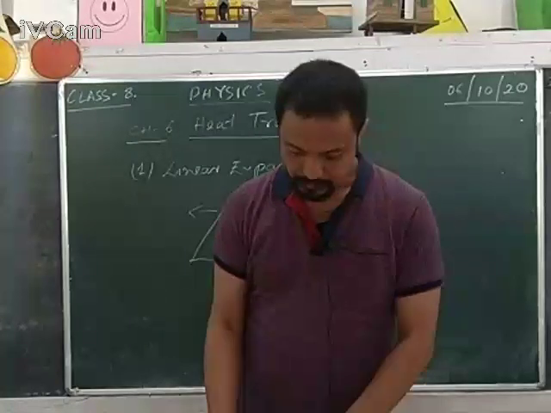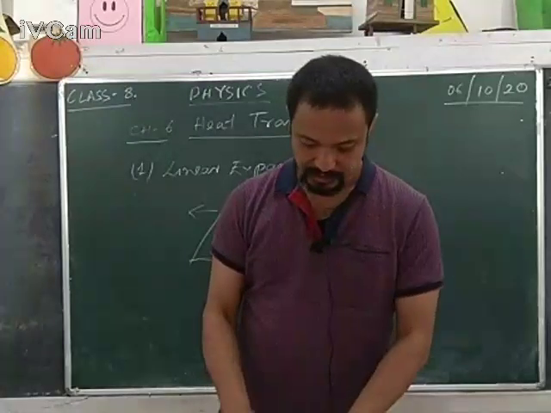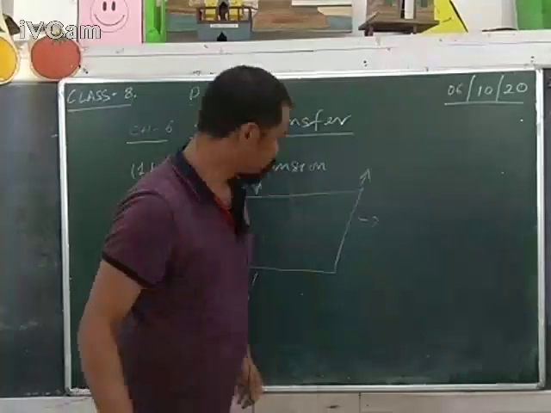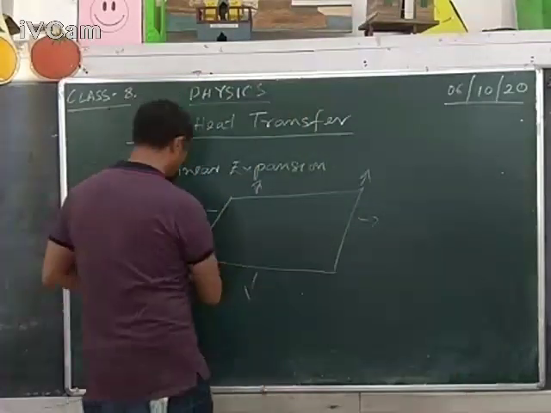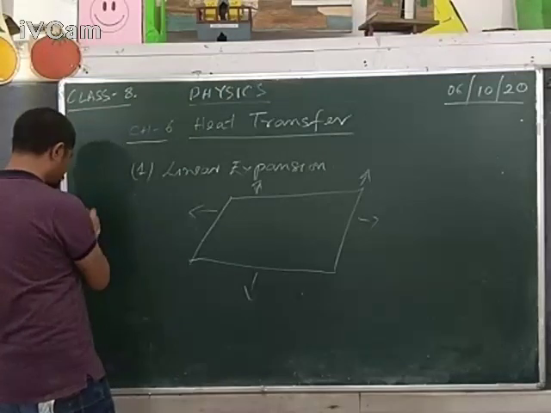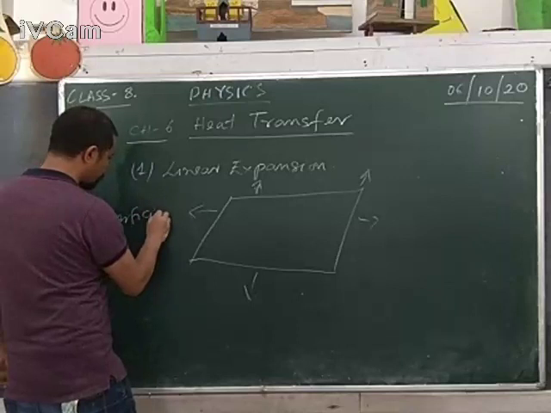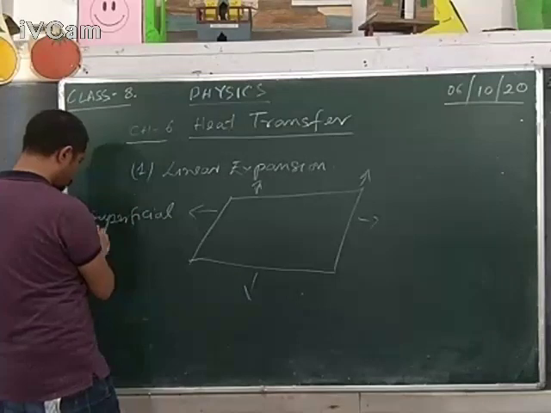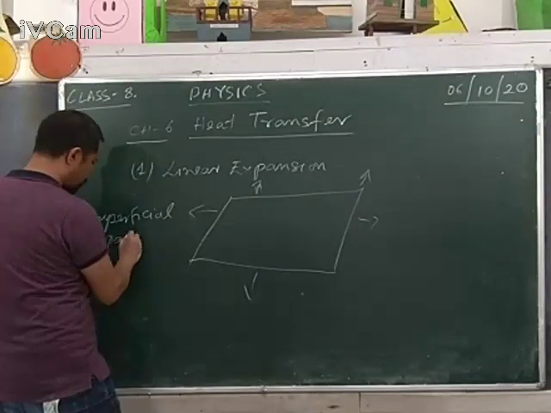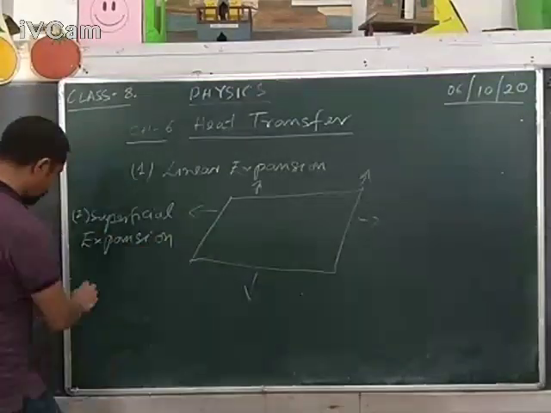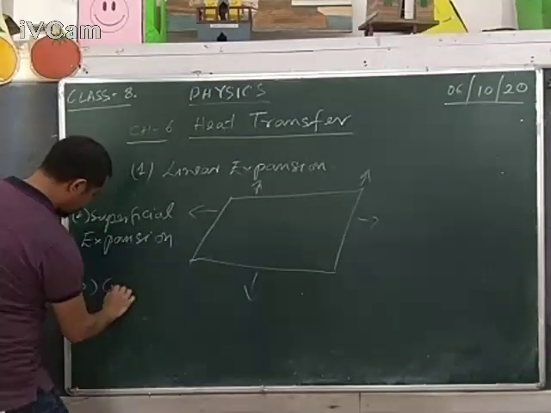Now, the third type of expansion that we have is cubical. Number two is superficial, where the area increases, and number three is cubical.